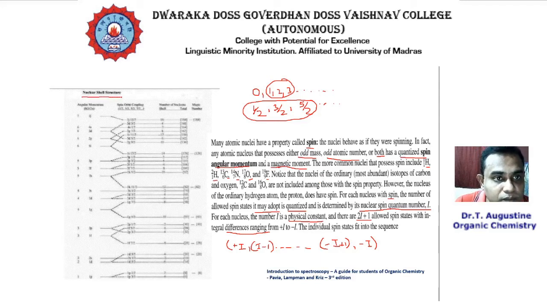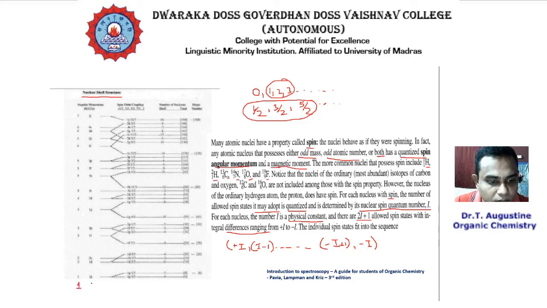In order to understand how to calculate this nuclear spin, one needs to understand the nuclear shell structure, which is shown here in this diagram. We need to understand that inside the nucleus, the nucleons are arranged like how electrons are arranged in the shells and inside the orbitals. In a nuclear shell structure, which is obtained by the quantum mechanical requirements, one can understand that it starts with 1s.